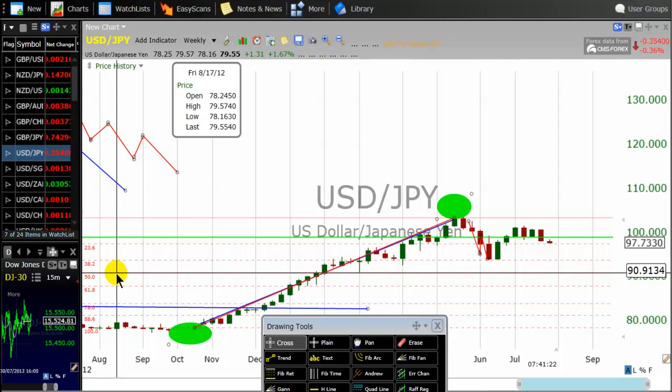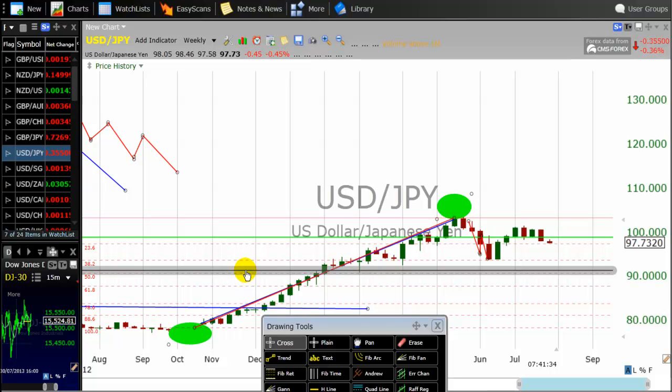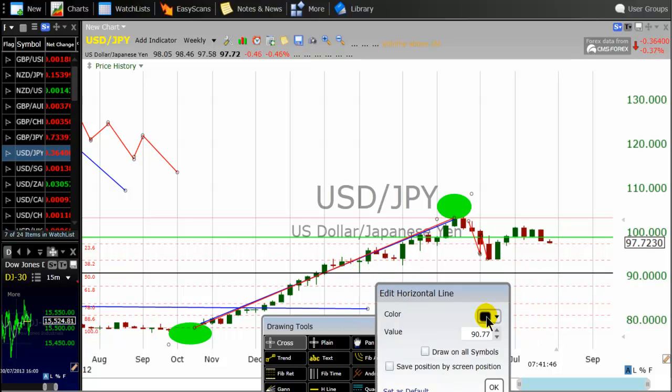Right now, all I can say to traders is to watch the level around 90, between 90 and 91. In fact, what I will do while I'm talking to you now is draw a line there, around 90, between 91 and 90. Let's call it orange, okay, that's it.